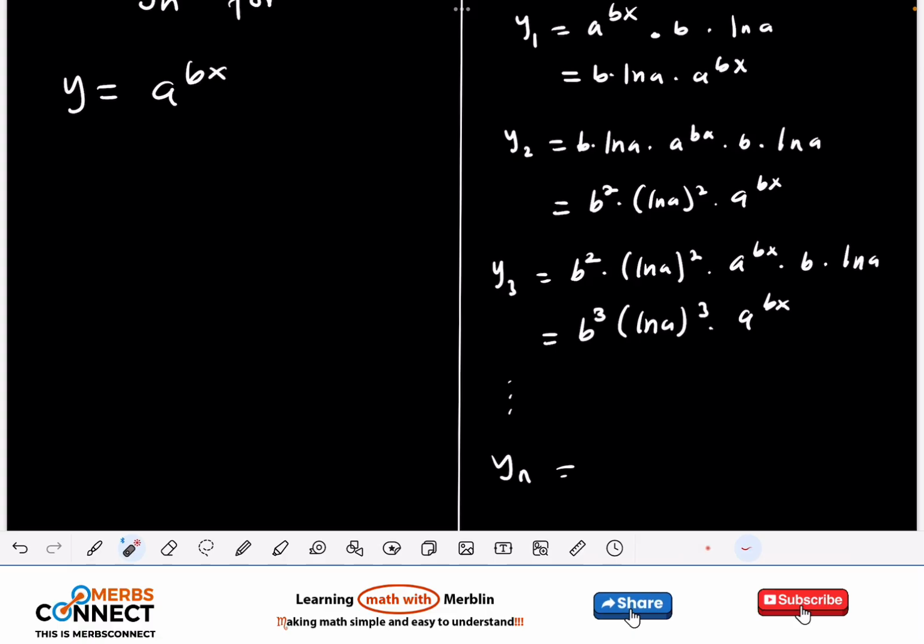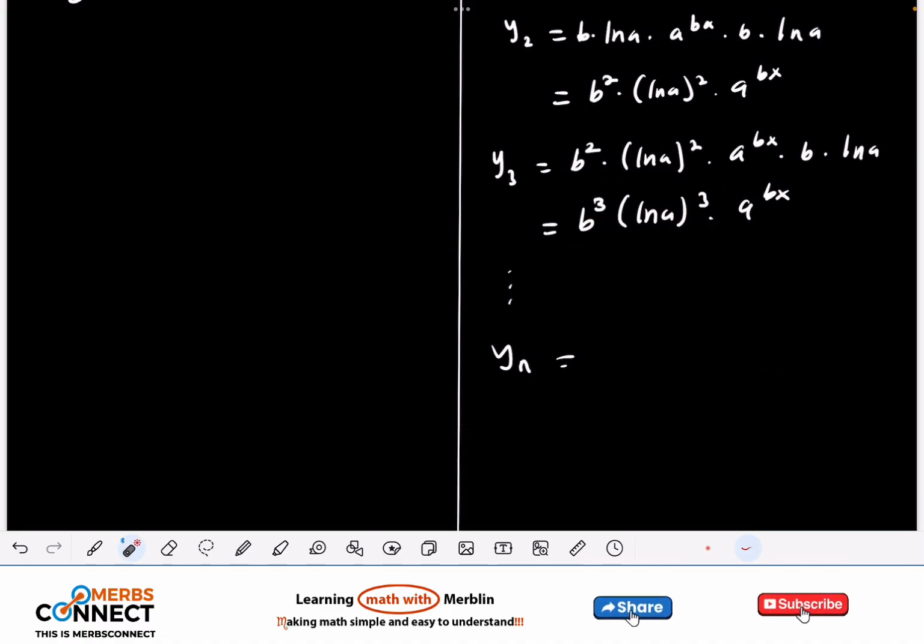Then we have b ln a, b ln a, b ln a. This one is to the power 1, which corresponds with the number of times we are differentiating the function. This is 2, this is 2, which also corresponds to the number of times we are differentiating. This is 3, this is 3, also corresponding.